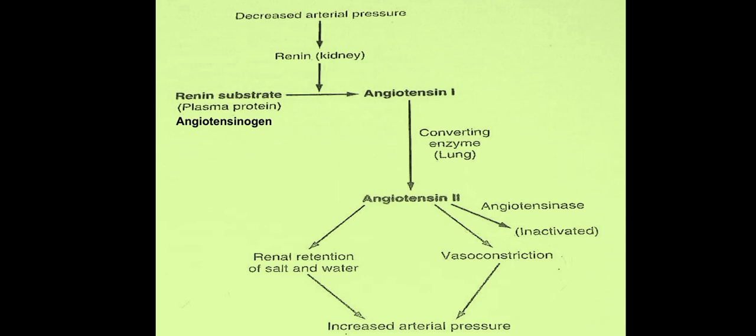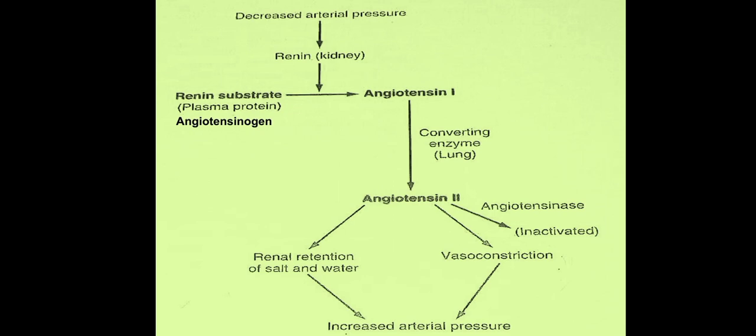It has another function, which is vasoconstriction. If it retains more salt and water, what is the consequence? The blood pressure increases. So the initial condition, just look at the first line of this flowchart, is decreased arterial pressure.